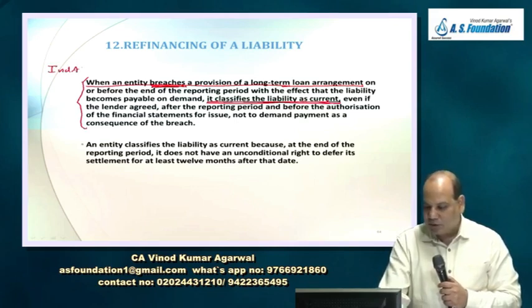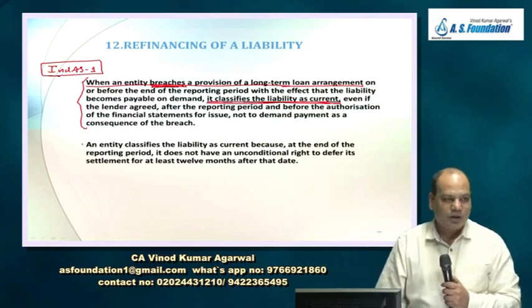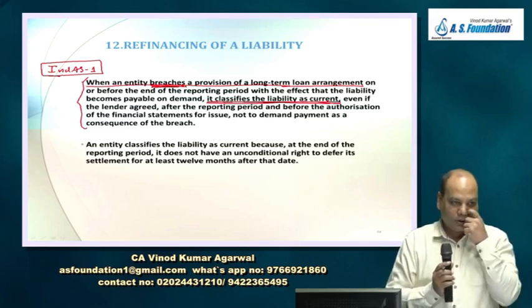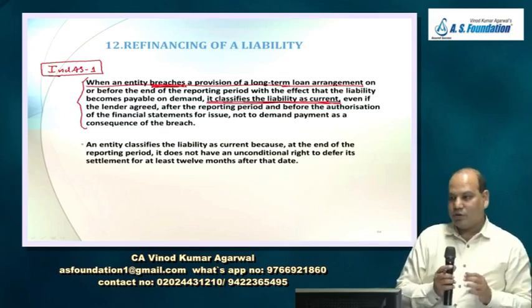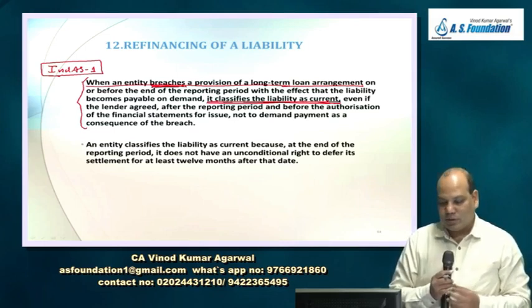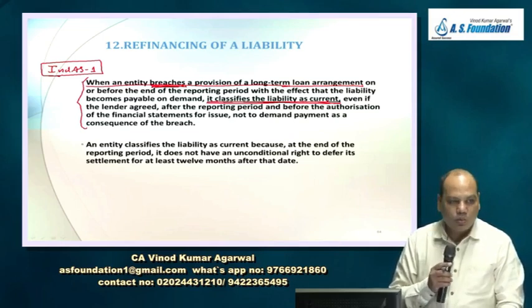In IND AS 1, the same paragraph says, if the lender agreed, then you will follow whatever the original classification was. Suppose it was non-current, you will follow the non-current classification. So this is one major difference between IAS 1 and the Indian version, IND AS 1.